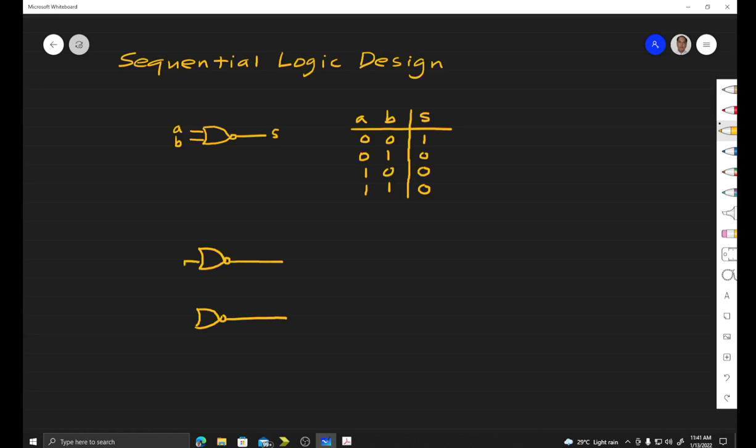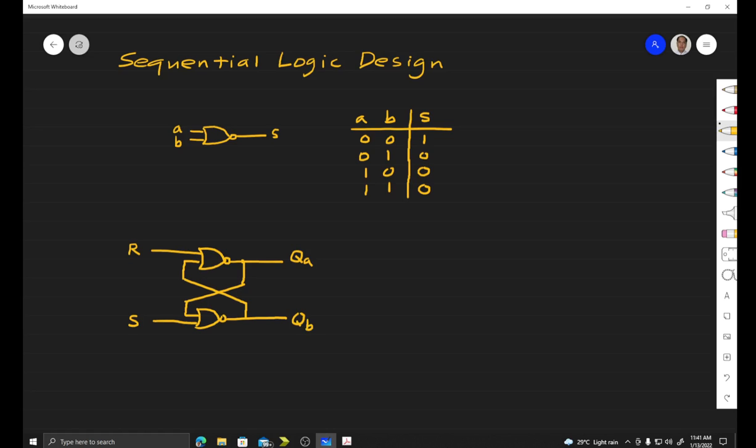So one of its inputs is connected to the output of the second NOR gate, and one of the inputs of the second NOR gate is connected to the output of the first NOR gate. Then we have the input R or reset and the input S or set. Then we have this state, so let's say this is state QA and this is QB.